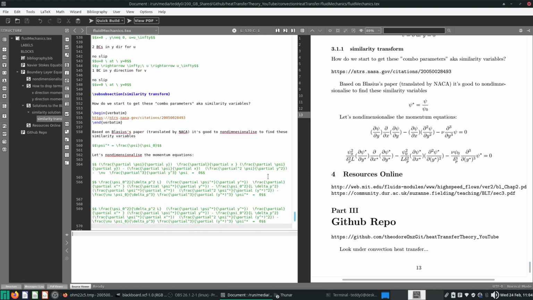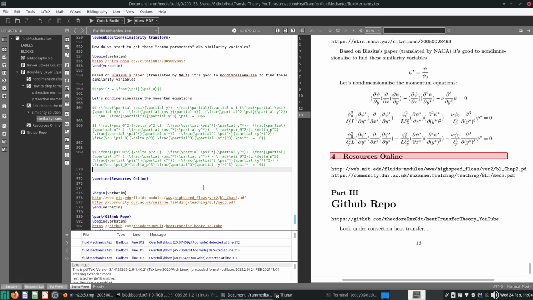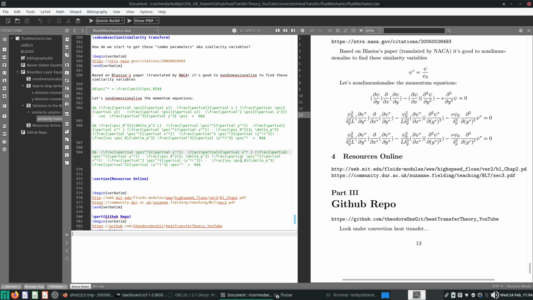We divide throughout by psi naught squared over delta p squared, and then L. So we multiply L and delta p squared on top and divide by psi naught squared.